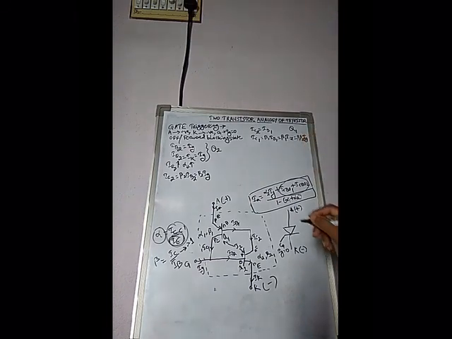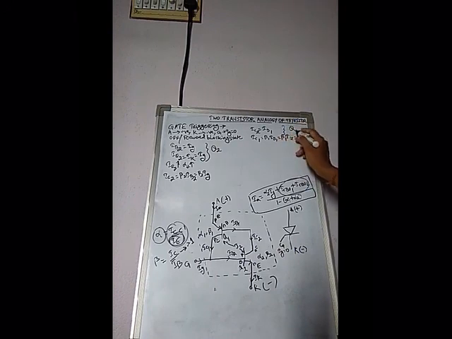Clear? So with the flow of IB1, collector current IC1, equal to beta 1 beta 2 Ig, of Q1 comes into existence.